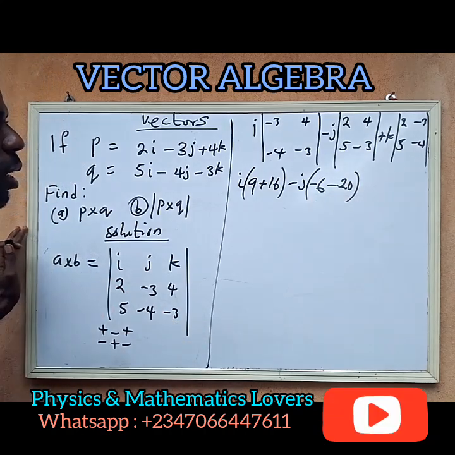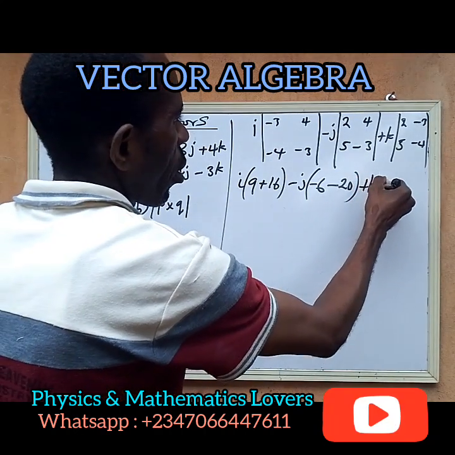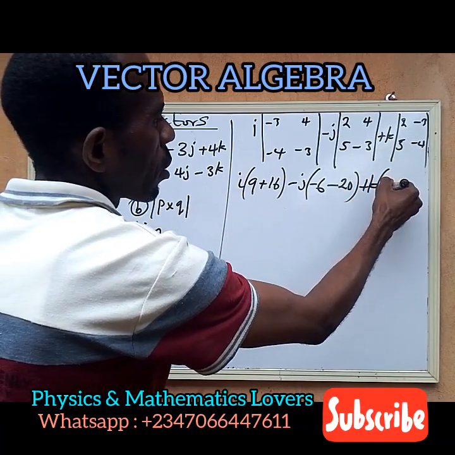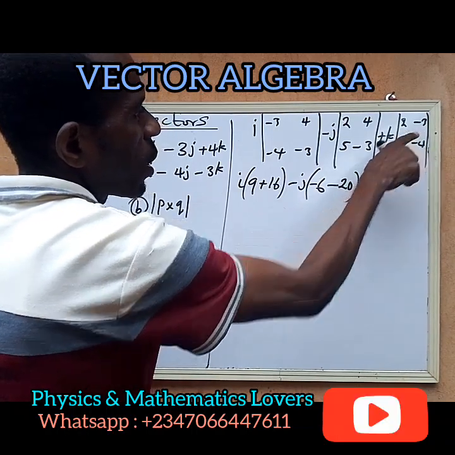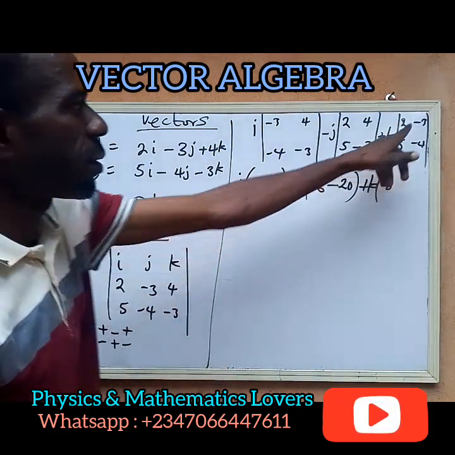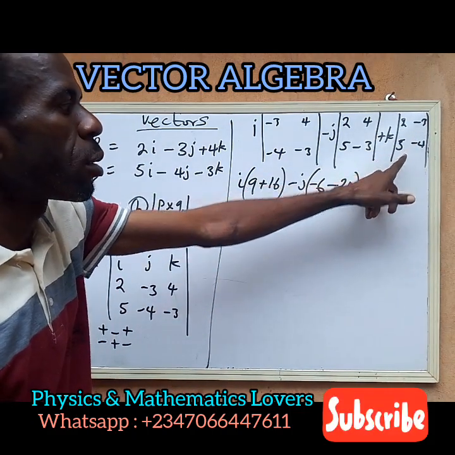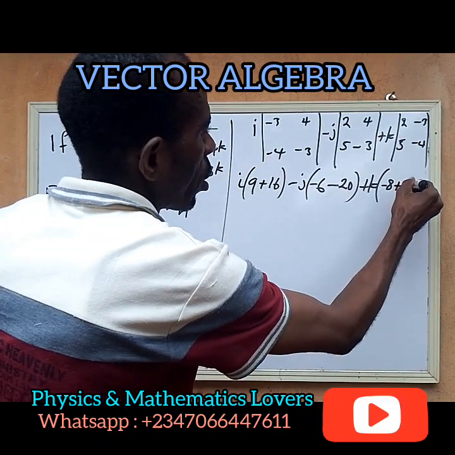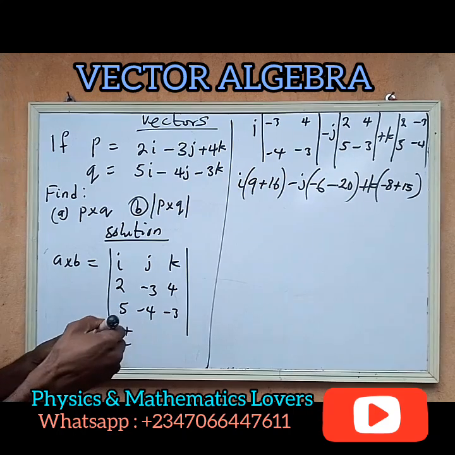Then we have plus k into this. 2 times -4 is what? -8. Then 5 times -3 is -15. Now minus that -15 gives you plus 15, because of that negative.